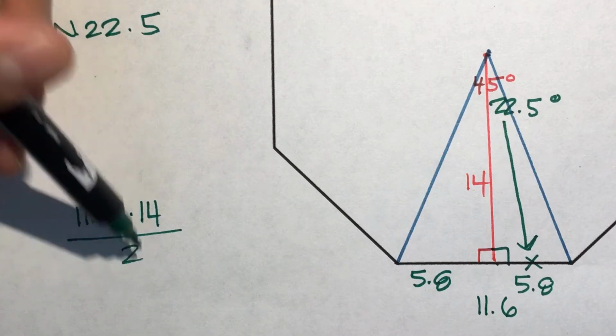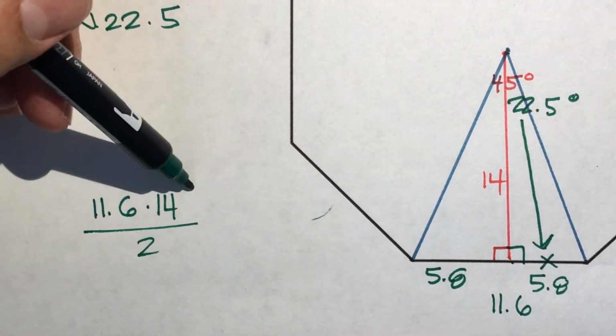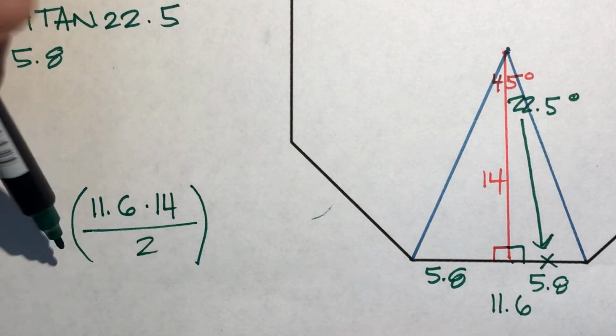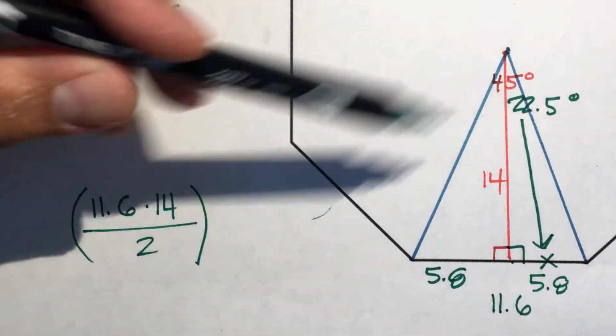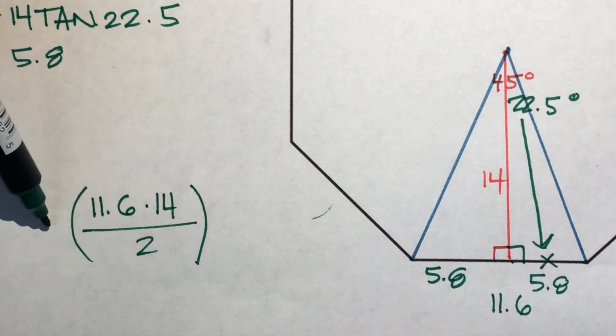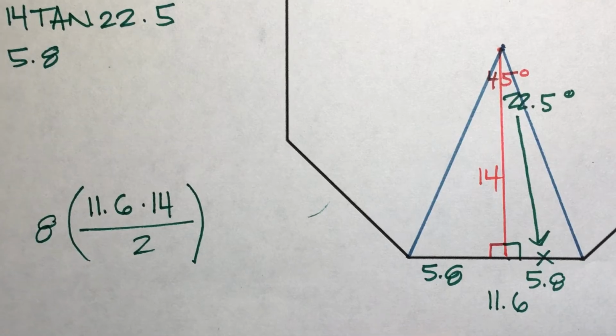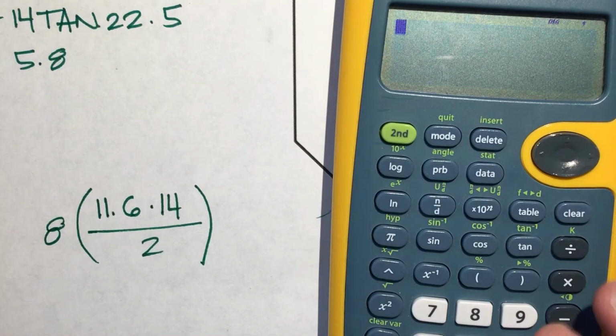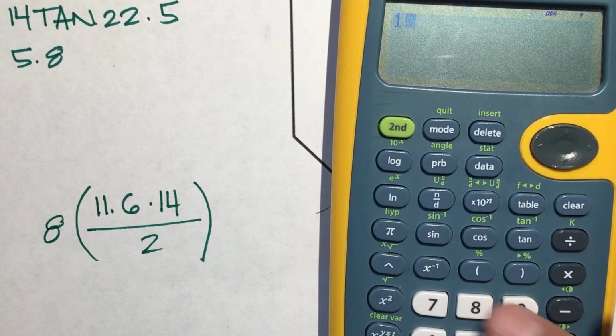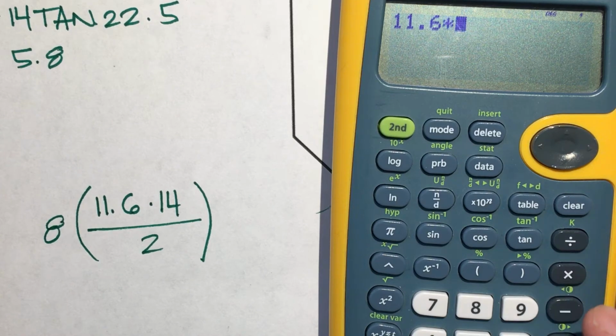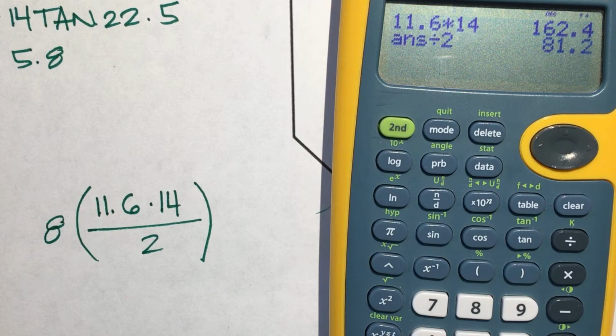And remember, this represents the area of this one triangle, and since it's an octagon, we're going to multiply it by 8, because 8 congruent triangles fit inside. Let's grab our trusty calculator and type in 11.6 times 14 divided by 2, which is 81.2, the area of one triangle.